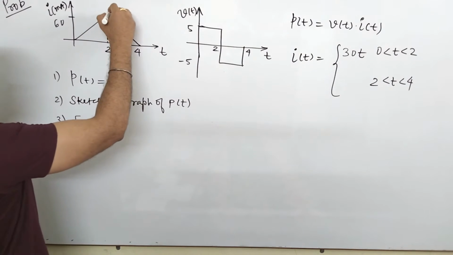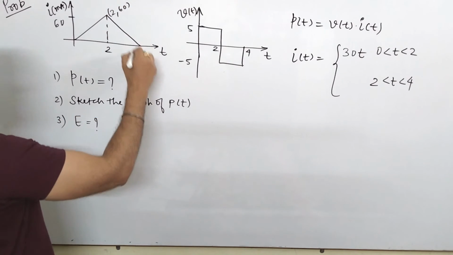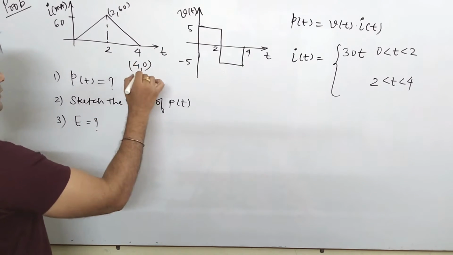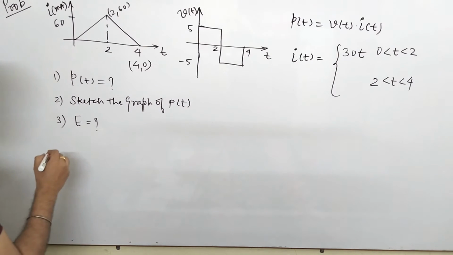Now find this one. It is 60, this is 4, just find the slope m. You can subtract: 60 minus 0 upon 2 minus 4, that comes to be minus 30.